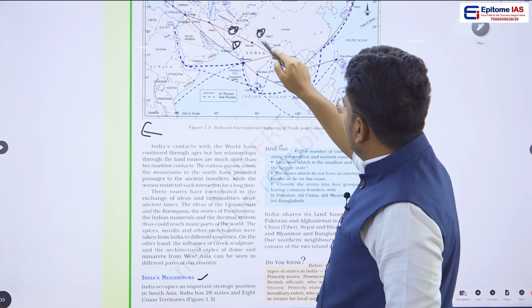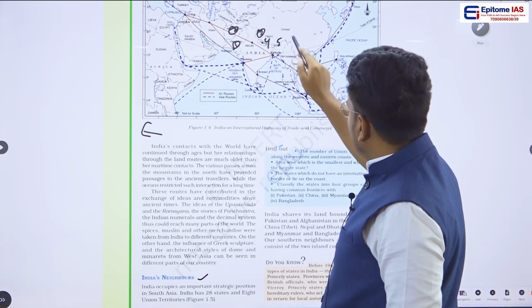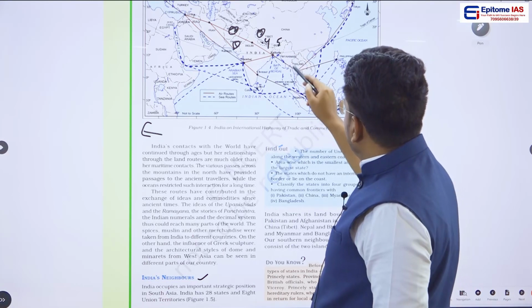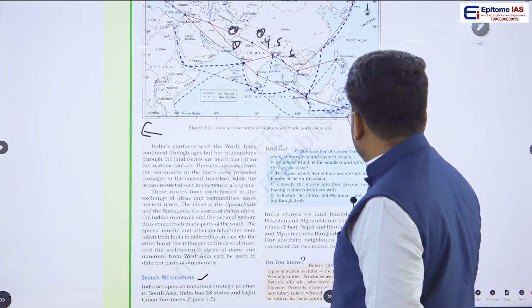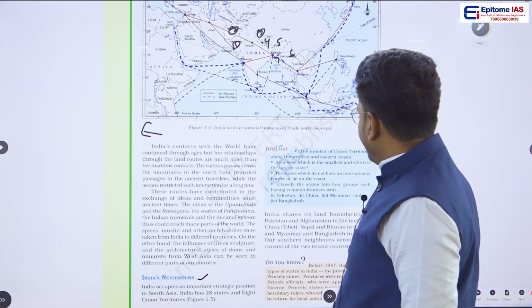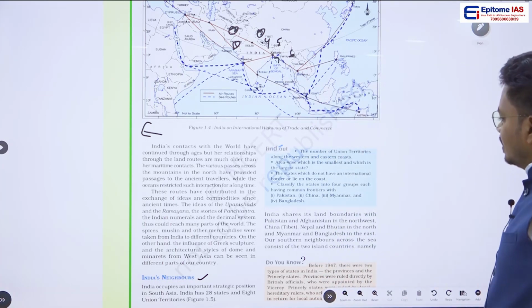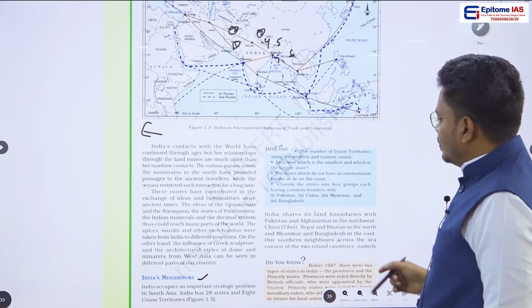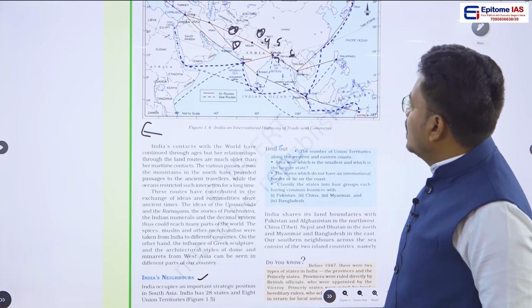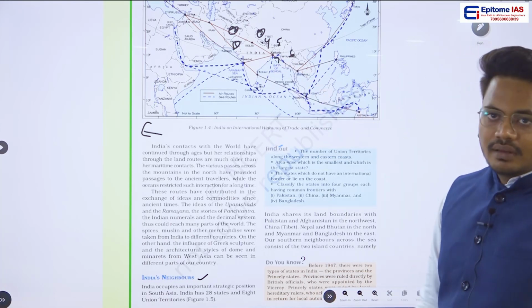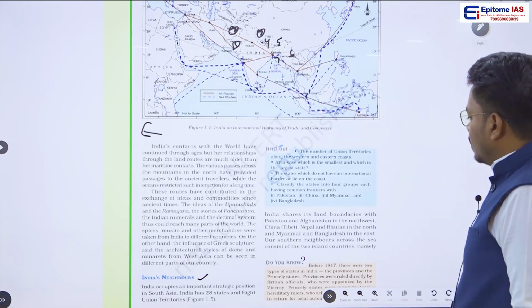The fourth country is Nepal, fifth Bhutan, sixth Myanmar, and seventh Bangladesh. So India has boundaries with 7 countries.